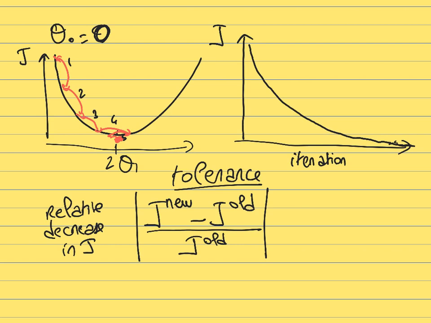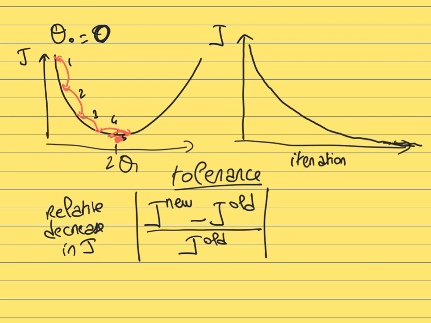When you take the variation and divide it by the initial value, it gives you the relative variation, like a percentage. If you are close to the minimum, so j is close to the plateau, then this relative decrease is going to be very, very low.